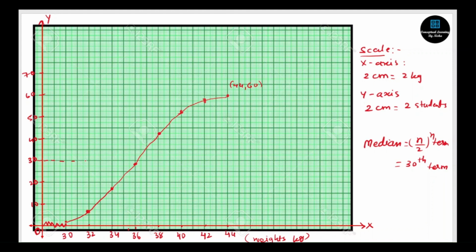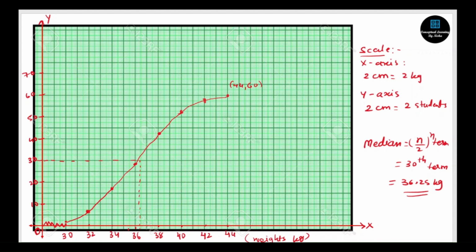Use a ruler, draw this line, and then simply go down. On going down, you can see that this weight is 37 and half of that, so you can say simply 36. So the median value is 36.25 kg.